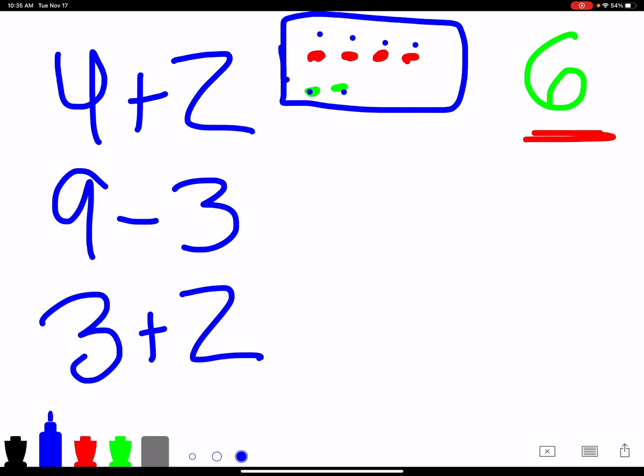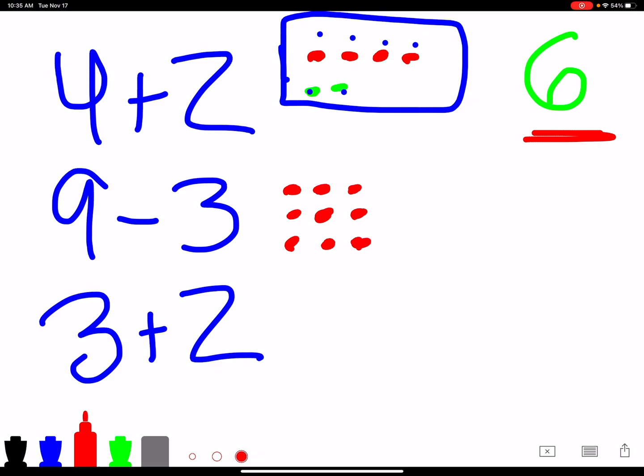So let's check out this problem. This is a subtraction equation. Remember, in addition we're putting things together, like I did with the red and green dots in the first example. But in the second problem, we are taking things away. We start out with the number 9: 1, 2, 3, 4, 5, 6, 7, 8, 9.